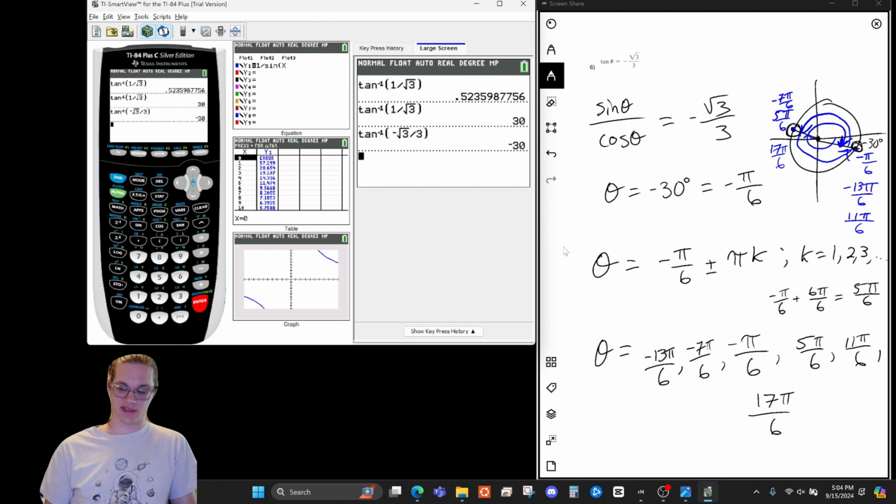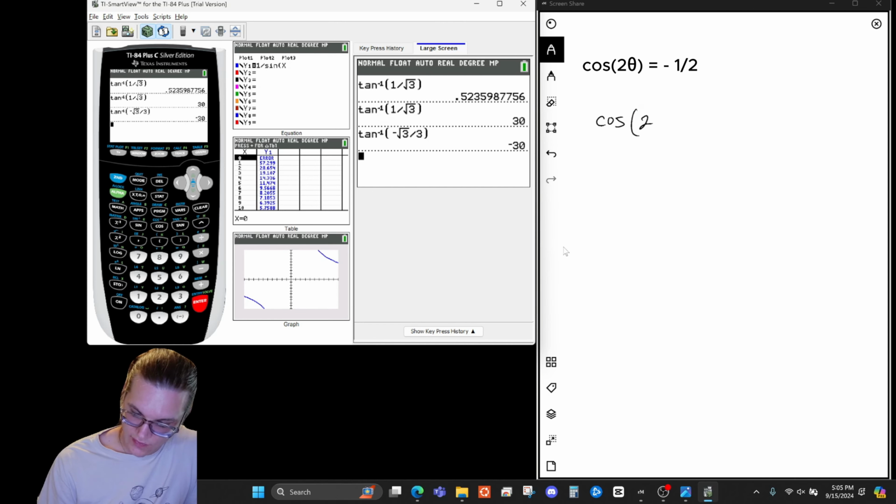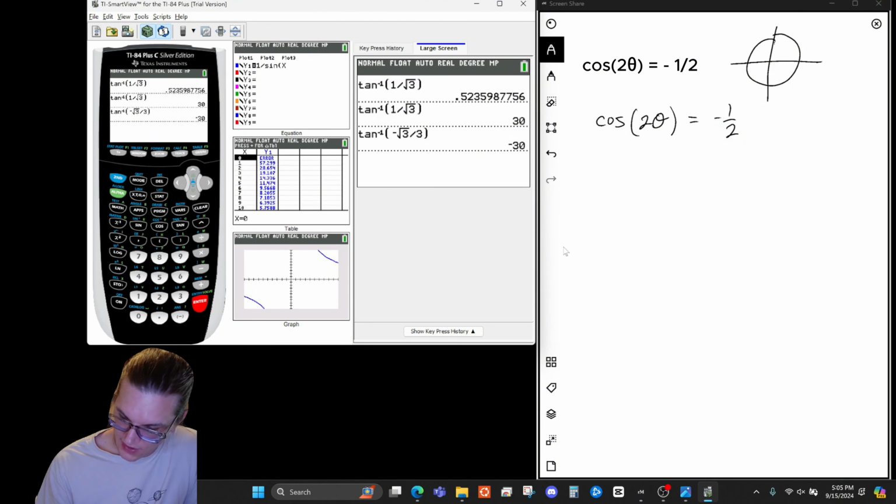Okay, I don't know if I gave an example of this. I don't know if I lectured this or if I'm just going straight to the examples here, but cosine of 2 theta equals minus 1/2. One way to do this is, again, just from inspection, I'm going to say, okay, cosine of 2 times some angle theta gives minus 1/2. Well, on the unit circle, cosine of theta is minus 1/2 at, right, we have positive and negative x's.